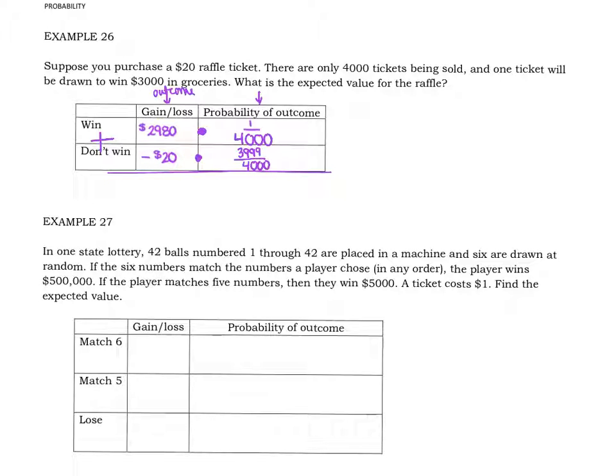So take 2,980 times 1 over 4,000 and add to that negative 20 times 3,999 over 4,000, and we will find that we come up with a loss of $19.25. So in other words, for the 4,000 people who enter this raffle, on average, each one of them is going to lose an average of $19.25.